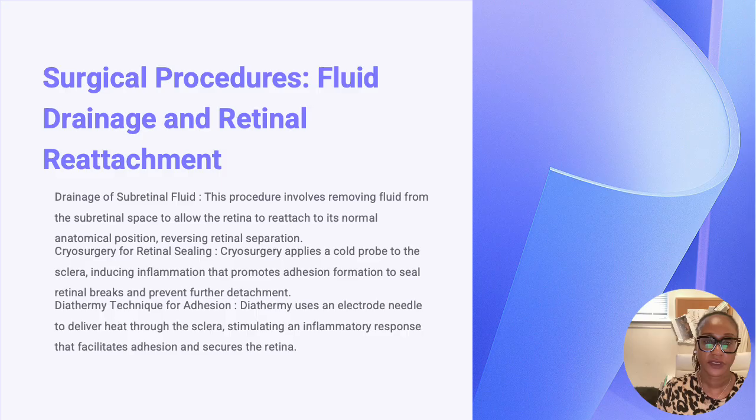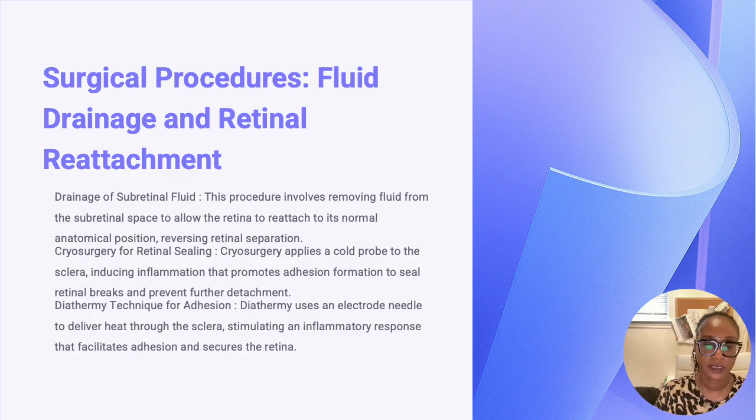So surgical procedures: fluid drainage and retinal reattachment. Drainage of subretinal fluid involves removing fluid from the subretinal space to allow the retina to reattach to where it was normally, in its anatomical position, reversing retinal separation.